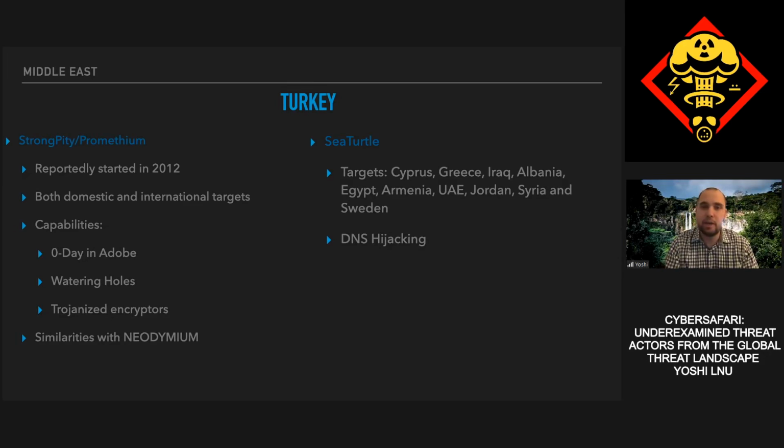Their 2016 campaign used a zero-day in Adobe and was actually delivered via an instant messenger client, which again is another interesting way to deliver that phishing. Along with that, in one of their later campaigns, I think in 2018, they started using Trojanized encryption programs.